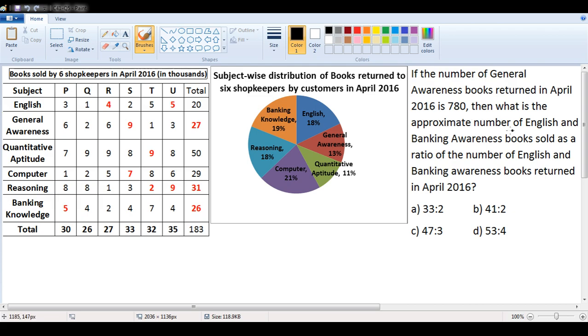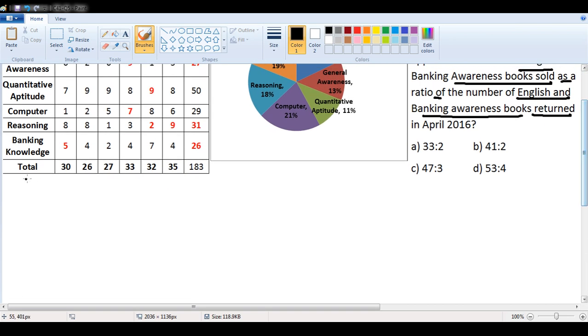English and banking awareness sold as a ratio of English and banking awareness returned, right? Sold by returned approximate ratio I require.